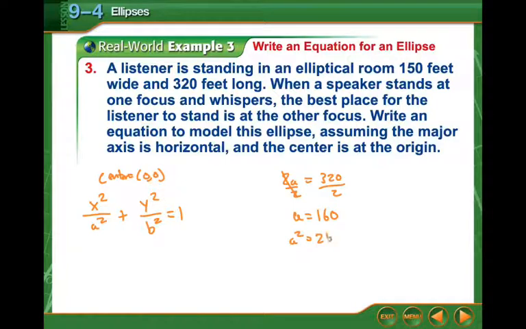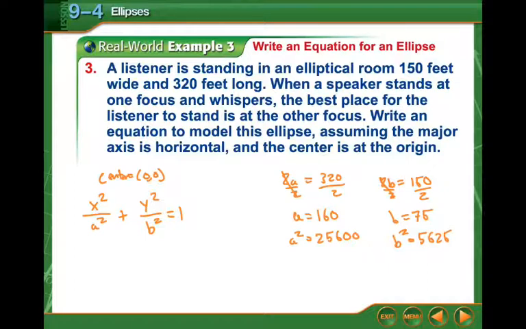It is 25,600. And then 2b is the 150, so dividing that by 2 on both sides, we get b equal to 75, and b squared is 5,625.